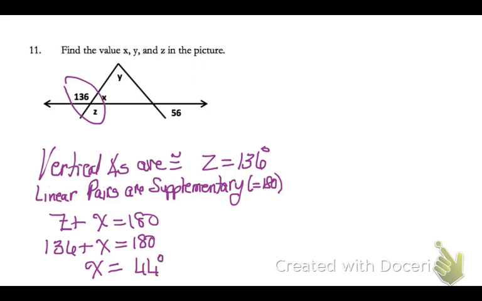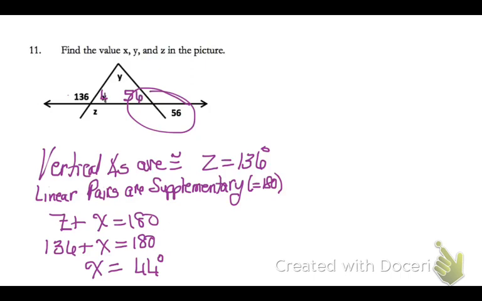All right, and so the only thing I have left is y. Well, again, I know, because these are a linear pair, that this unnamed angle right here is 56.